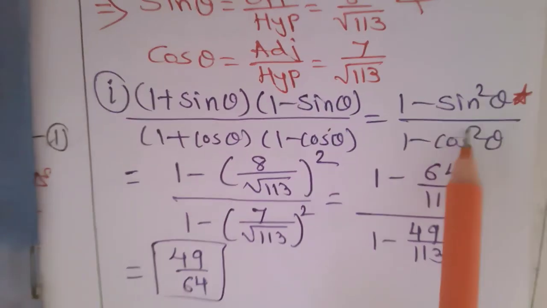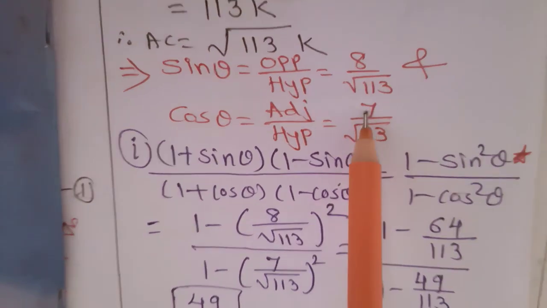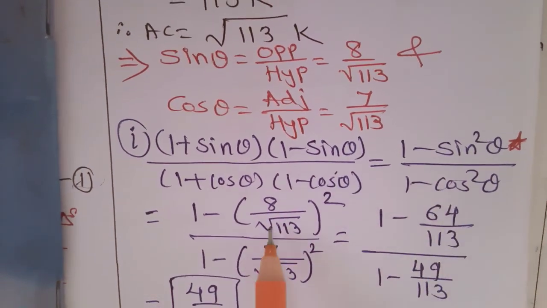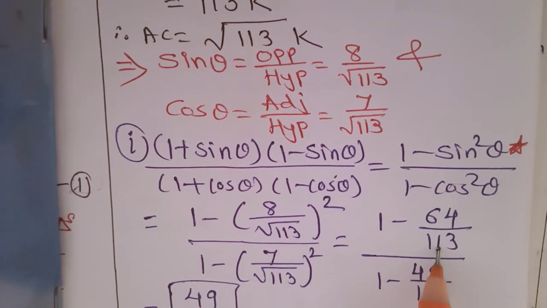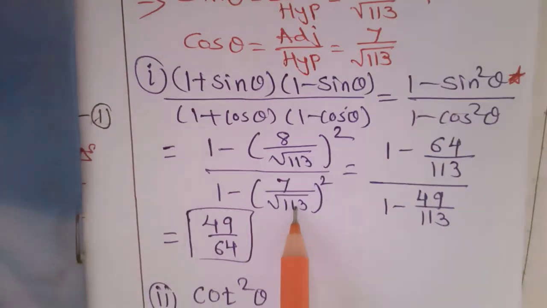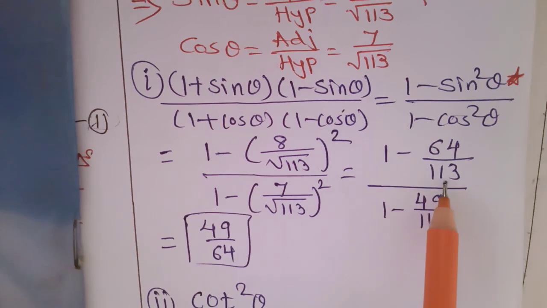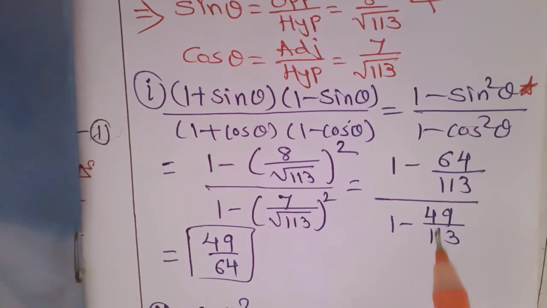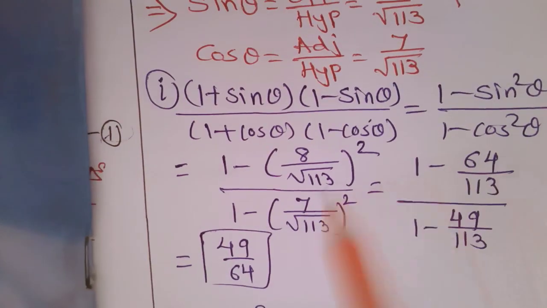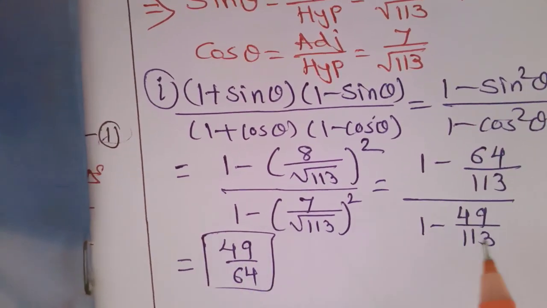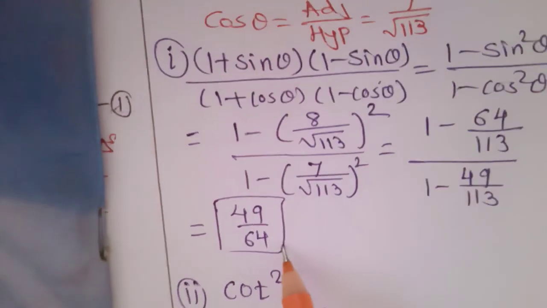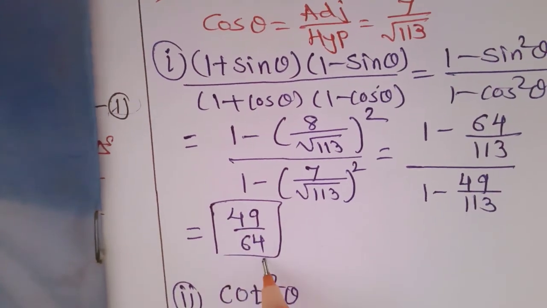Put the values of sin theta and cos theta which we solved here, and square them: 8 square is 64, the square root cancels with the square, that is 113. Similarly for the denominator, cross multiply and solve this, cancel 113 from the numerator and denominator. Then what is the remaining? 113 minus 64, that is 49. 113 minus 49 is 64. And the answer of the first question is 49 upon 64.